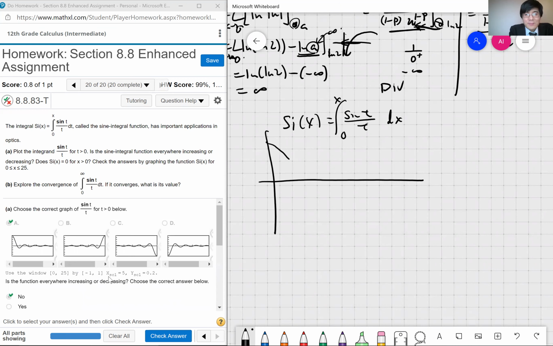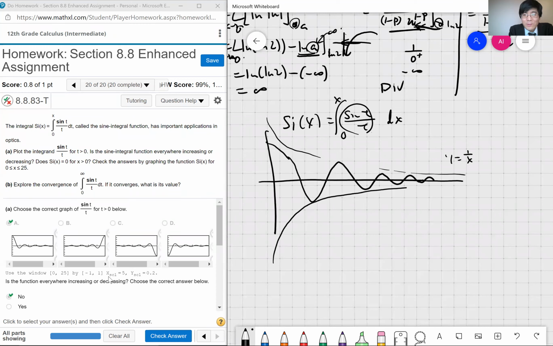This graph looks like this, so it's like a sine wave, but bounded above by y equals 1 over x, and bounded below by y equals negative 1 over x.